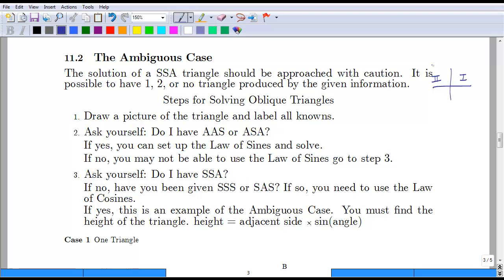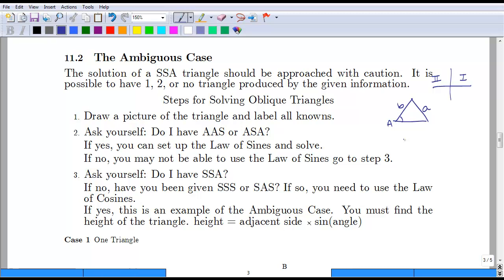So the first thing we always want to do is draw a picture and label it. Typically, in this side-side-angle case, I put the angle down here, I put the opposite side, and then the other side given, just so we have a standard to reference when determining how many triangles we have. First, you determine if this is your case. If you've got angle, angle, side, or angle, side, angle, then you don't have to worry about it.